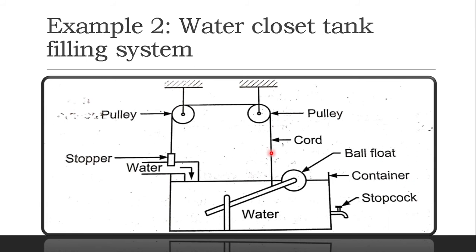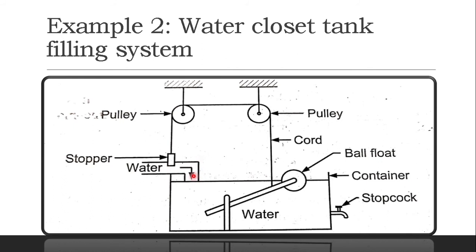Here you can see the ball that floats on the water, and as the ball gets closer to the top of the container in the upper direction, the stopper right here decreases the flow of the water. So as this ball is going upward, your stopper is going to come downward, and that is why the flow of water can be controlled.